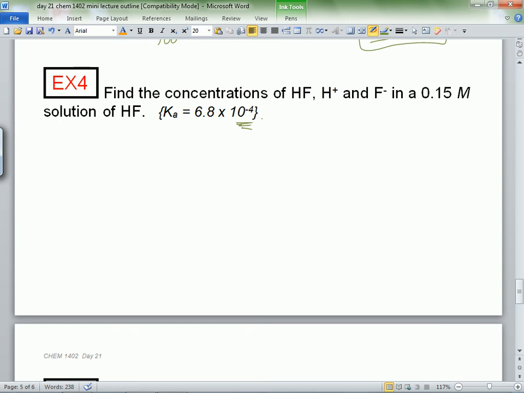If you got it, go on to just see if you can wrap up EX5. Get them all done.